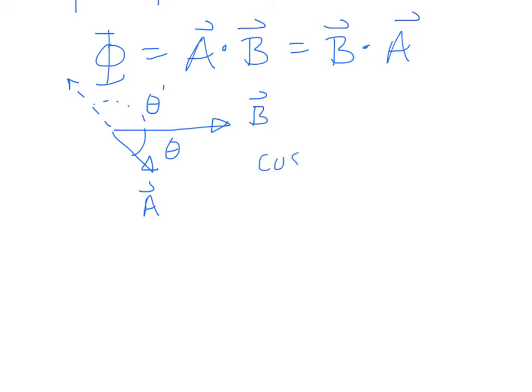But cosine theta prime equals negative cosine theta. Therefore, the flux would only change sign, but not magnitude in this case.